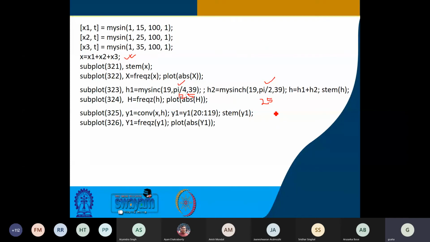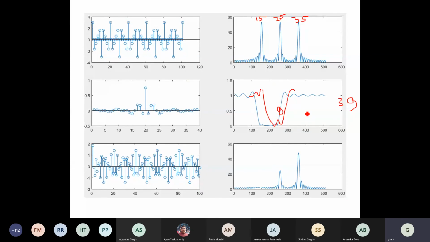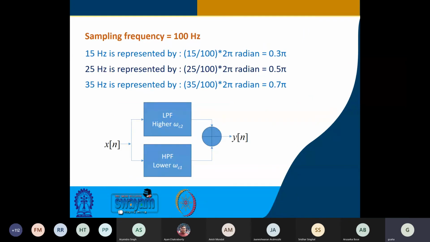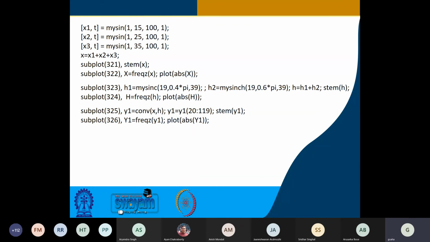So if you want a filter of a different kind to serve a certain purpose, whatever your customer says, what you need to do is understand it, look at the corresponding cutoff frequencies and substitute them here. So that is how you can look at it. This is one such example where you have taken 0.4 and 0.6.